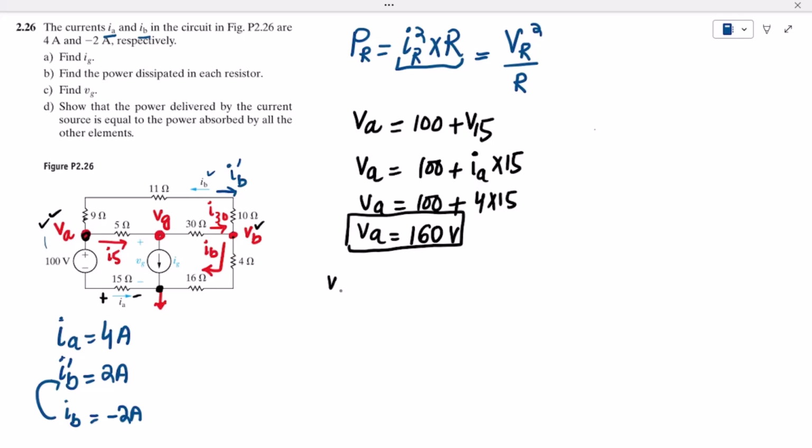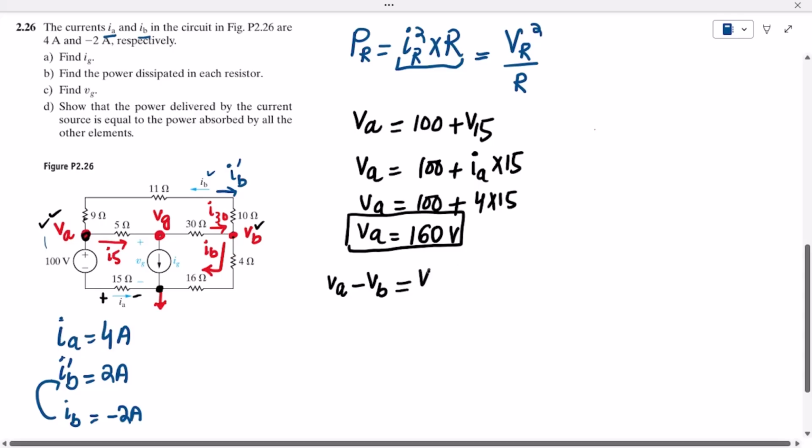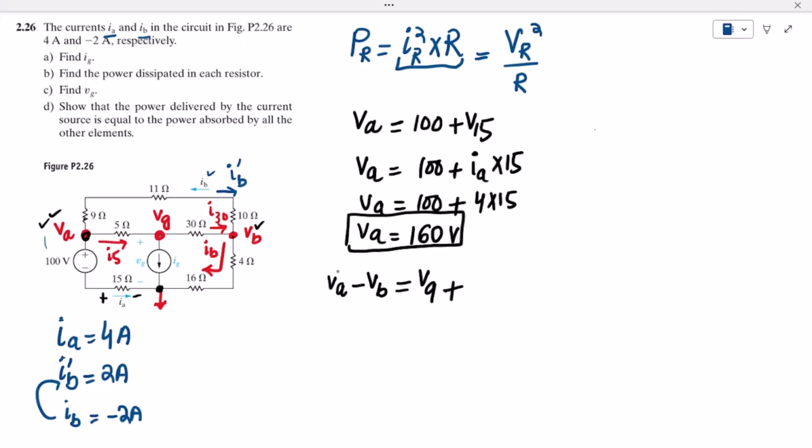It will be VA minus VB, the applied minus the remaining, is equal to the voltage drop V9 across this one, plus the voltage drop across this 11 ohm, plus the voltage drop across this 10 ohm resistor.